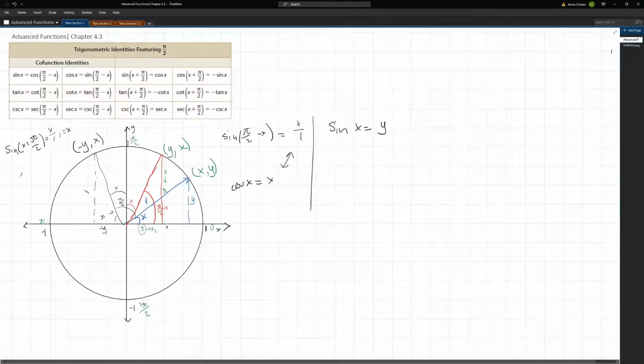Over here, cos of x plus pi over 2 is equal to our adjacent, which is -y. -y and y are the same value; one of them just was multiplied by -1. So in this scenario, they said we could just multiply this side by -1 rather than that one. But we've also proven that negative cos of x plus pi over 2 is equal to sine of x. So that's good.